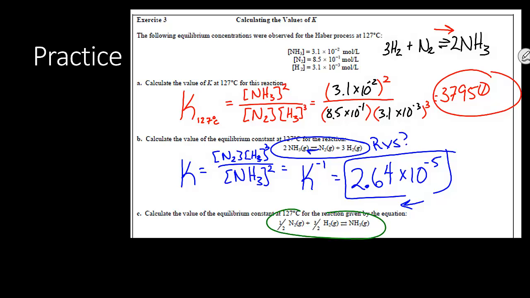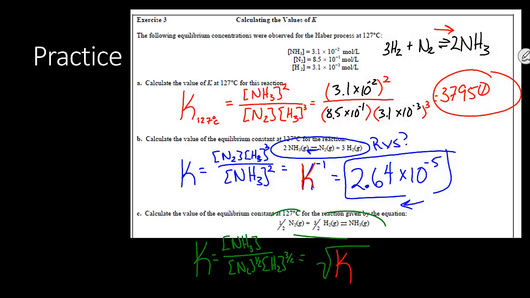For letter C, they halved the reaction. Now again, we could calculate the value of K by writing our equilibrium expression. However, that's way more work than we really need to do. We could just simply take K and raise it to the half. Or if you're mathematically inclined, you might know that when you raise something to the half, you're really taking the square root of it.